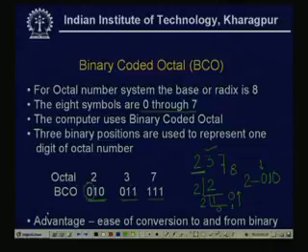So, the binary value will be only 1 0 0 1 1 1 1 1. So, the advantage is that it is very easy to convert from binary to BCO or BCO to binary, and that is why these are very much used in computer systems.